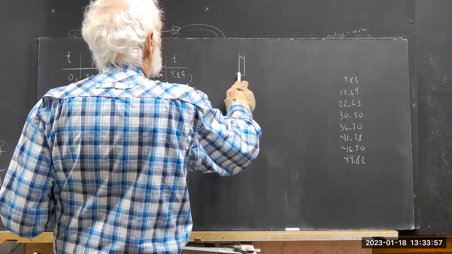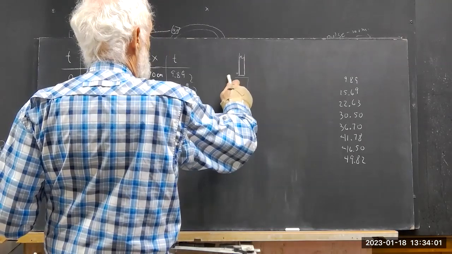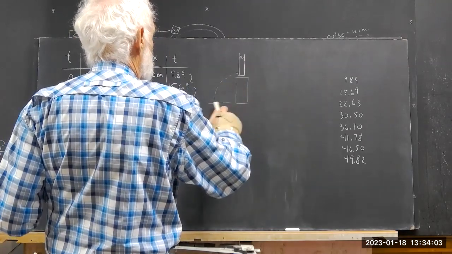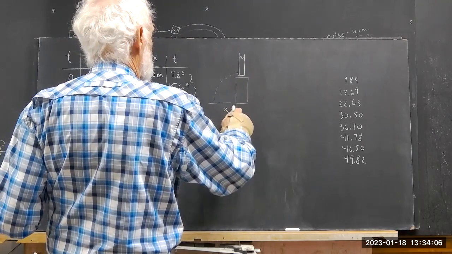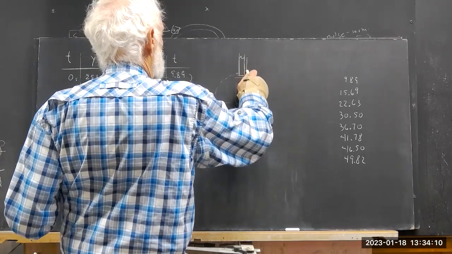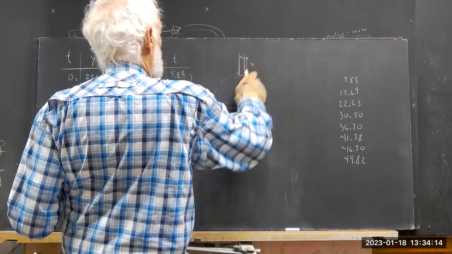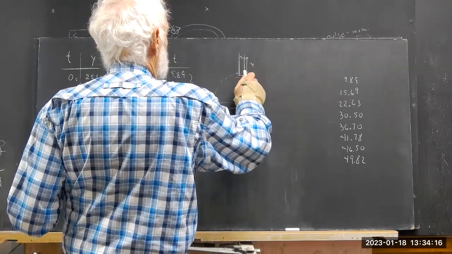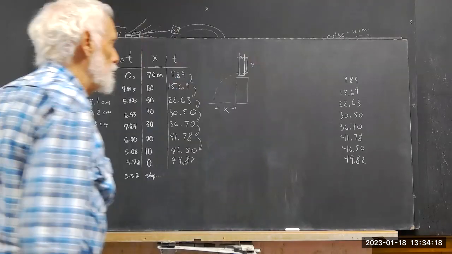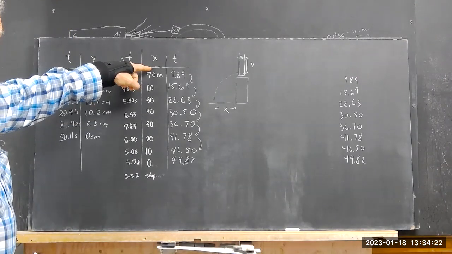When this is sitting on a brick pillar, water comes out, hits the ground. This distance here is X. The distance here between the spout and the water level is Y. So that's the meaning of Y, that's the meaning of X.